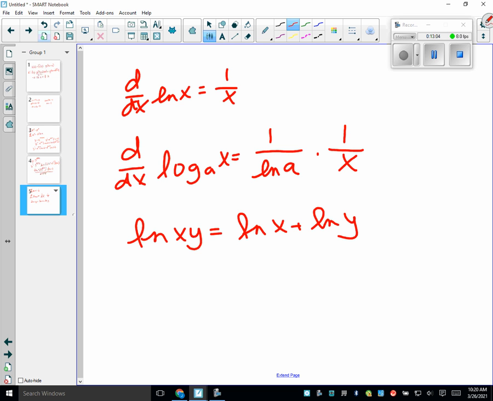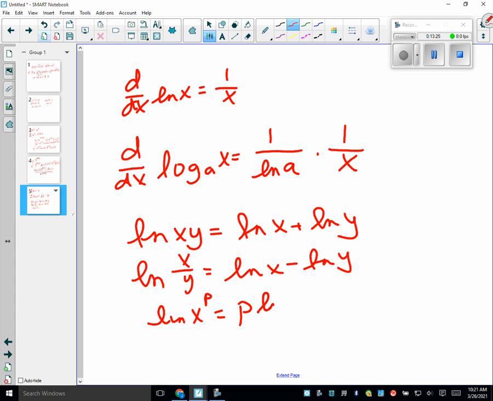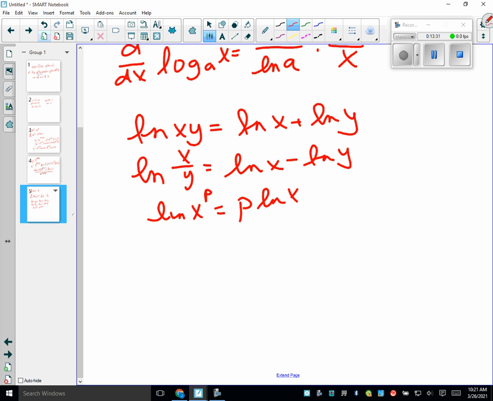Or ln of x over y is ln of x minus ln of y? Or ln of x to the p power is p ln of x? This is not derivative stuff, right? That is logarithms.